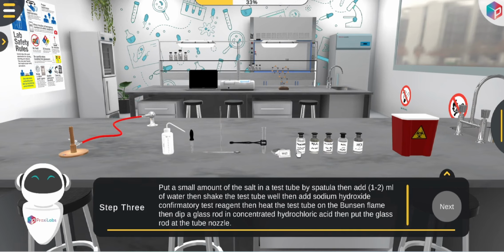Then add sodium hydroxide confirmatory test reagent. Then heat the test tube on the Bunsen flame.